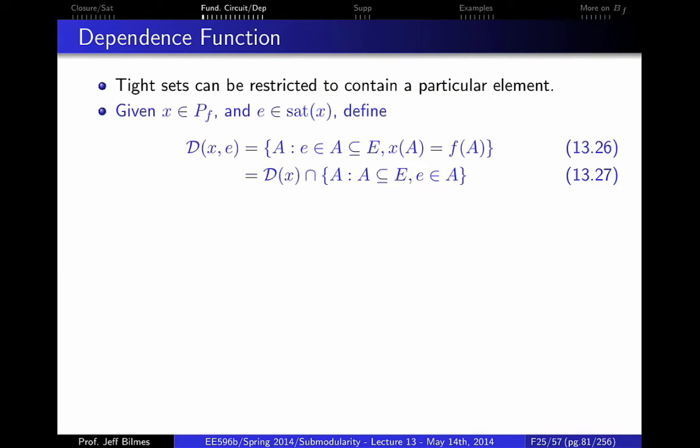So, please try to pay attention, because this may seem trivial and not important, but it actually is. It's a very, very deep intuition, which if you get, you will develop a really nice intuition of this stuff. So we're going to define something called the depth function, or the dependence function. First of all, let's define the E containing tight sets.